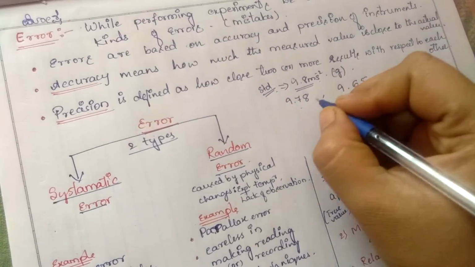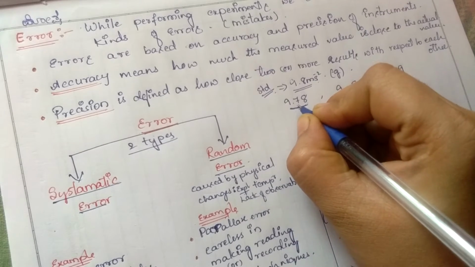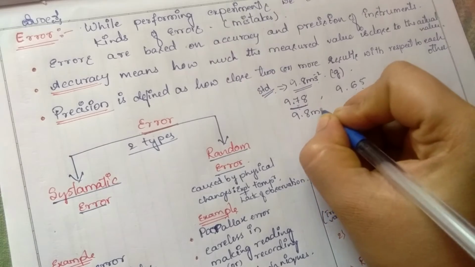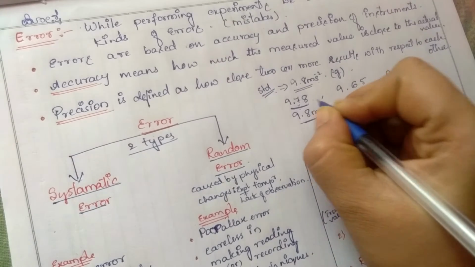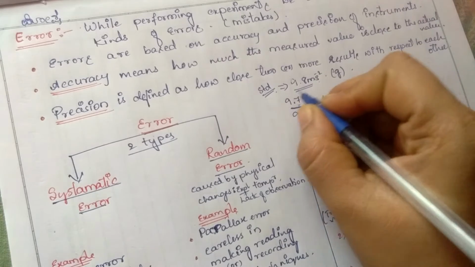That is 9.78, which rounds to 9.8 meter per second square, so this is the accuracy value. What is meant by significant? It means the rounded figure of the value.